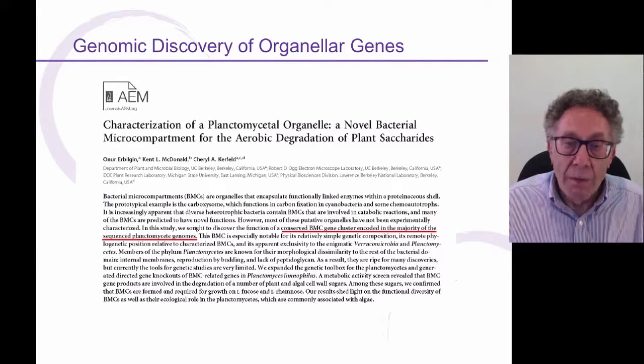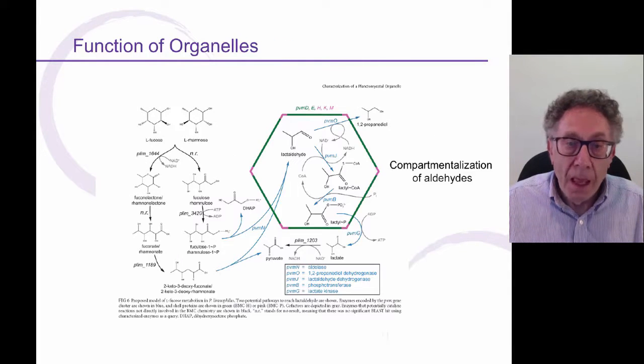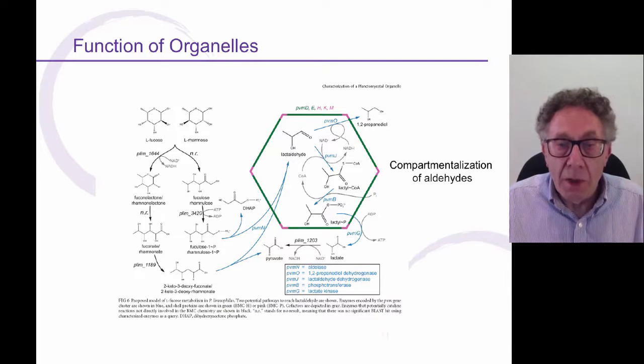And since they had identified these genes by doing a genomic analysis, they could also put in a mutation to knock out this gene cluster. And when they analyzed the knockout compared to the wild type, using phenotype microarrays, they were able to get a clue as to what the compartment was doing.